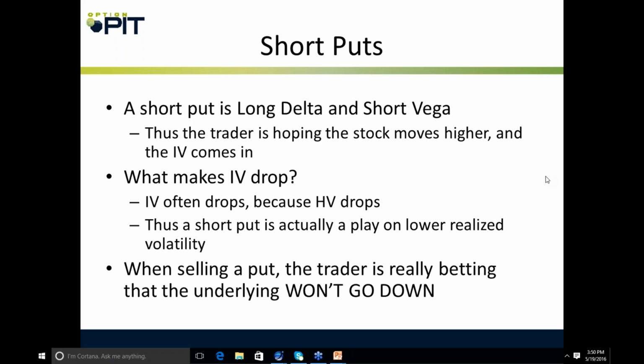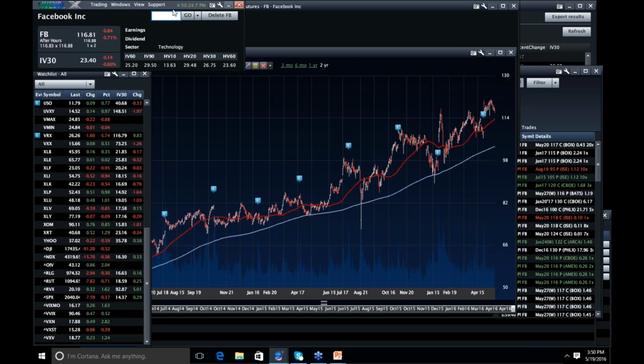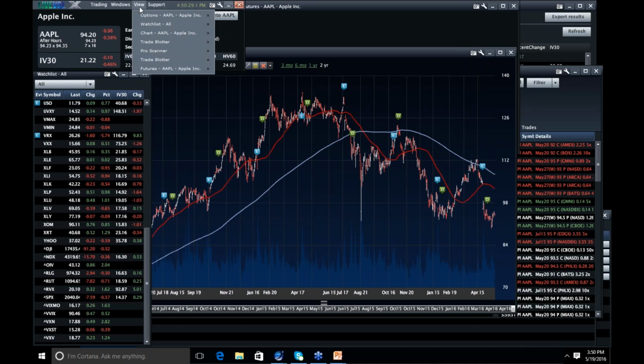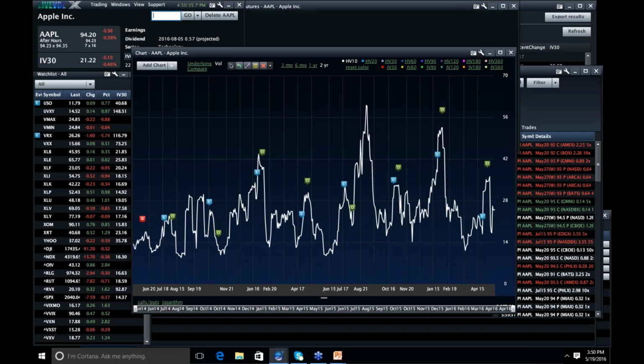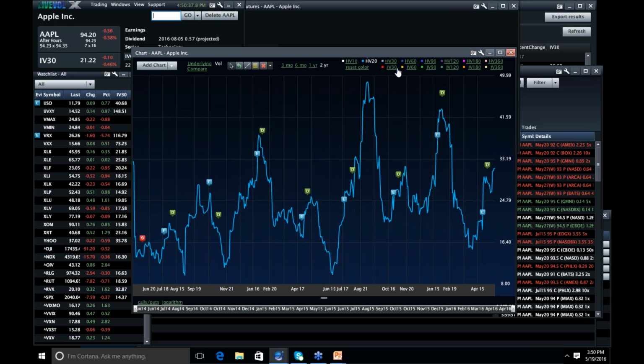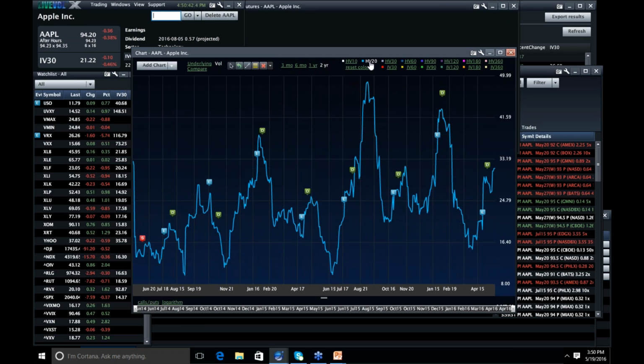If I pull up a chart of Apple, and I'm going to pull up a chart of realized volatility. So this is actual movement. And this blue line represents 10-day volatility, 20-day volatility. So it's a backward look at how much Apple's been moving over the previous 20 days.